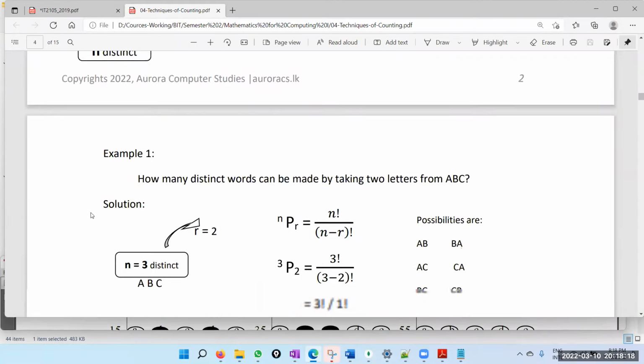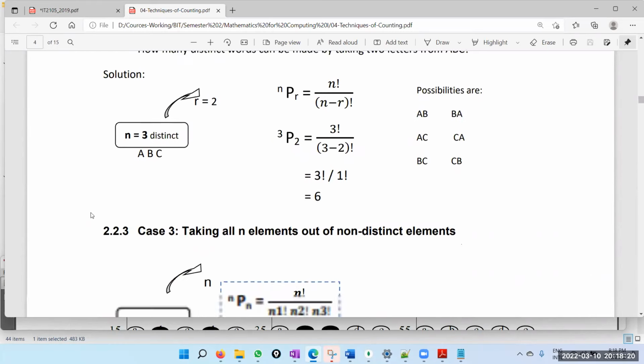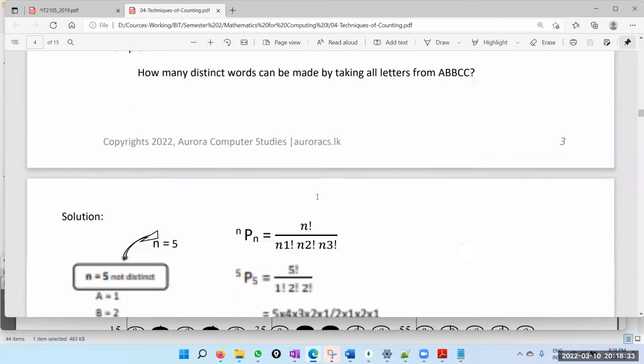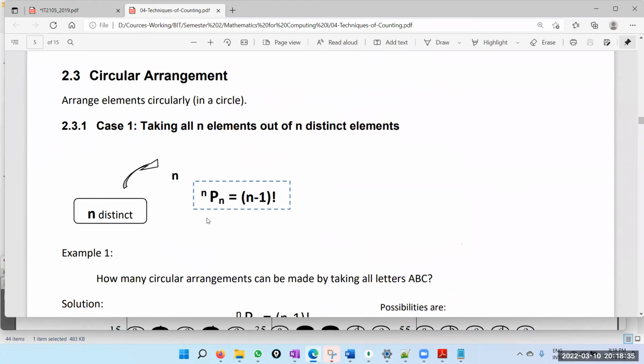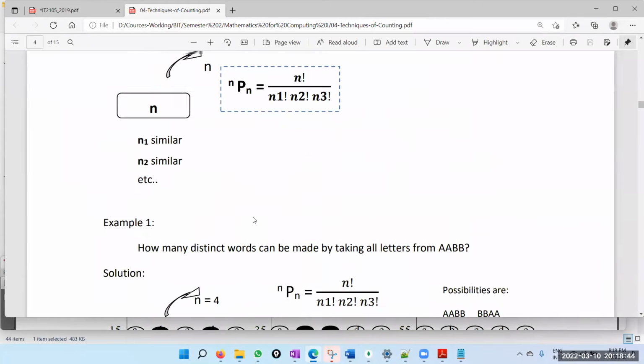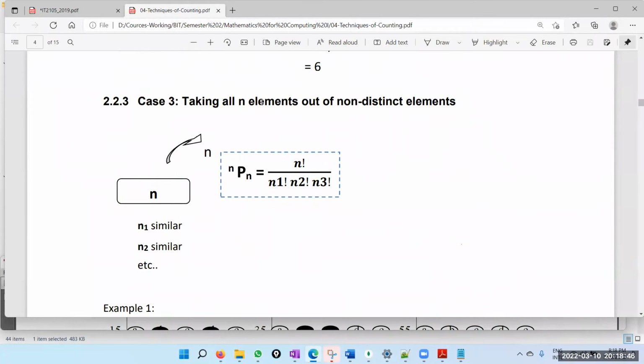Then we have n elements of which n1 same, n2 same, n3 same, then factorial n divided by factorial n1, factorial n2, factorial n3. That's all for the linear. Then we have the circular arrangement. There nPn is factorial n minus 1. This question is taking all n elements out of non-distinct elements, right?